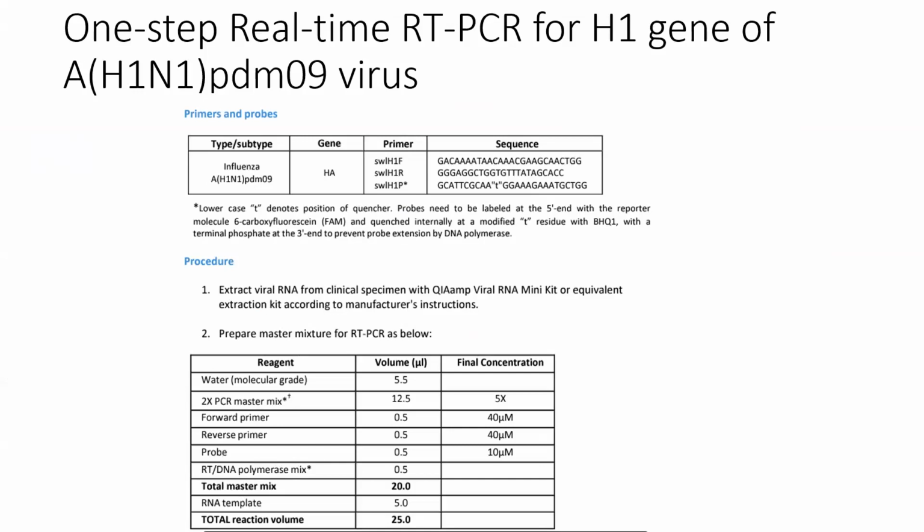So depending on which kind of master mix you're using, one should use it accordingly. But since it is a reverse transcriptase PCR, it's also very important to check whether the master mix has a reverse transcriptase, which would convert the viral RNA into cDNA, the complementary DNA.